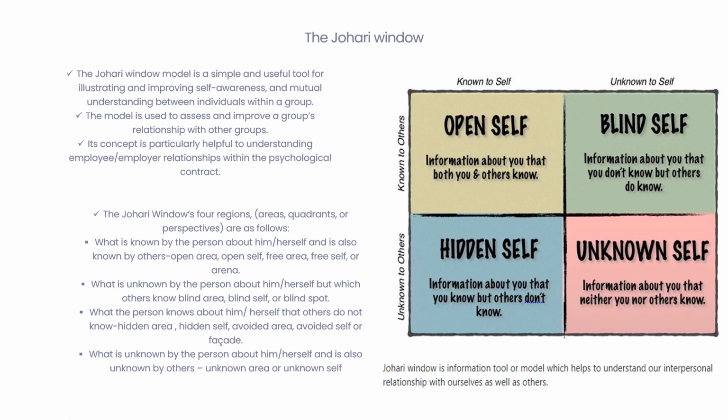We start with the first one on top. Open self, information about you that both you and others know, when we are open. So people must be open so that we'll be able to know the level of maturity. Blind self, information about you that you don't know but others do know.